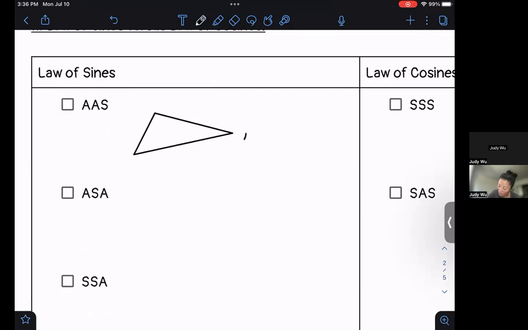I'll probably just copy this diagram for each of the three. We've got little a, little b, little c. Let's copy this a few times.